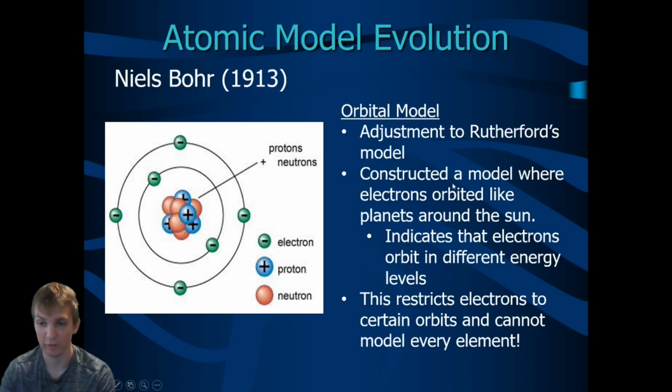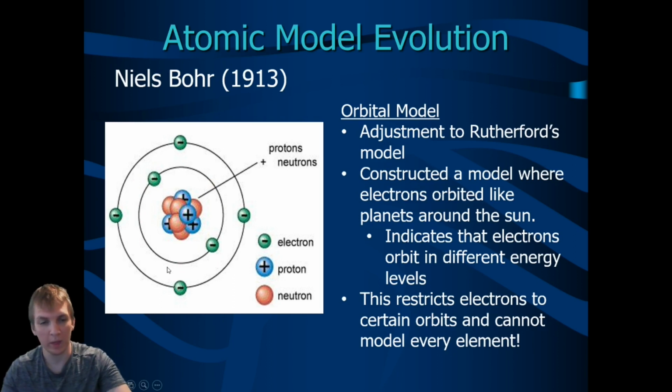Everything that Rutherford did with the gold foil experiment was accepted, except for that last drawing they came up with. So Niels Bohr came up with this model where electrons orbited planets around kind of like the sun. And this indicated that the electrons orbit in different energy levels. Okay, so the closer you were to the nucleus, the lower your energy level.